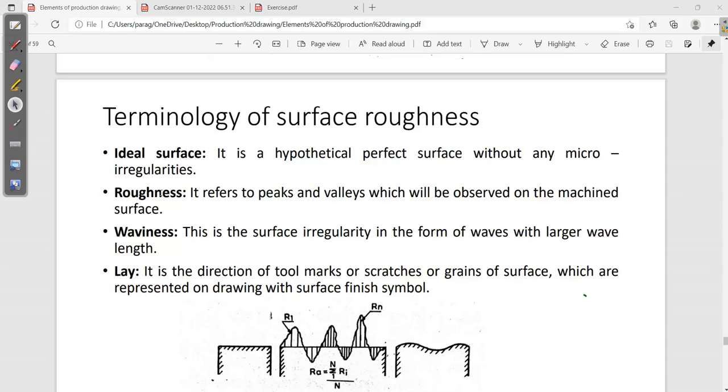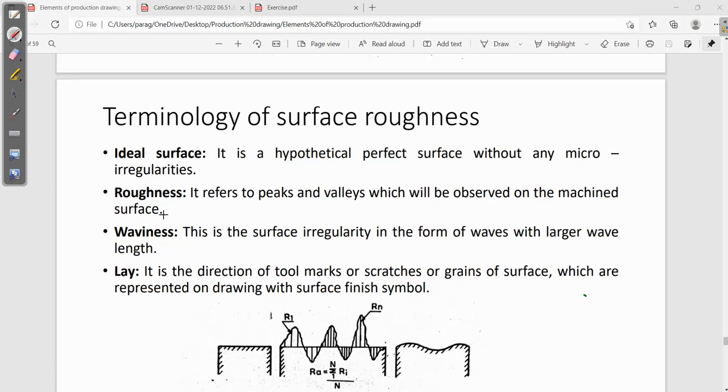So in that case, surface roughness is useless and unnecessary. We don't want roughness there, so that's why the guideway surface has to be smooth. That is the importance of this subtopic. These are different terminologies.